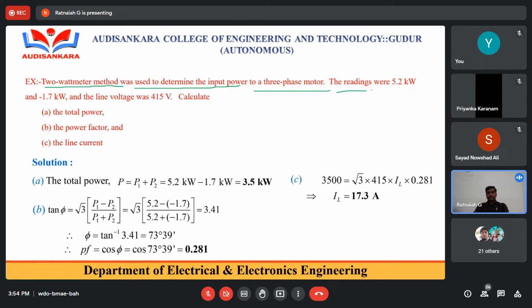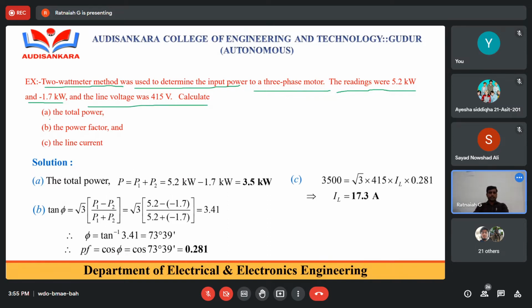The readings of the 2 wattmeters are 5.2 kilowatts and minus 1.7 kilowatts. That means one of the wattmeter readings is 5.2 kilowatts and the other is minus 1.7 kilowatts. And the line voltage given is 415 volts.